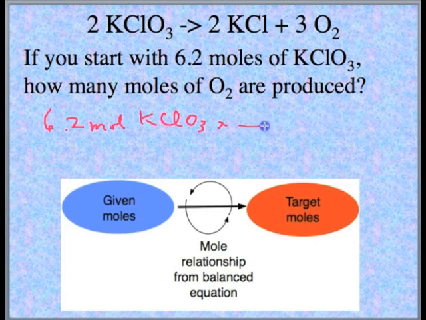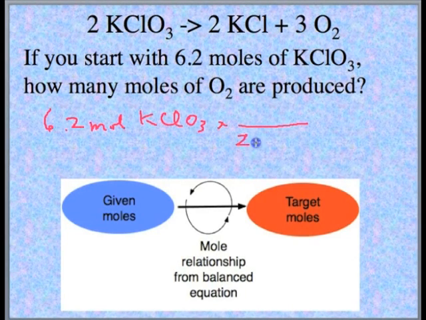And we multiply it by this ratio of 2 KClO3 to 3 O2. We're careful to put the KClO3 in the denominator because we want it to cancel out.